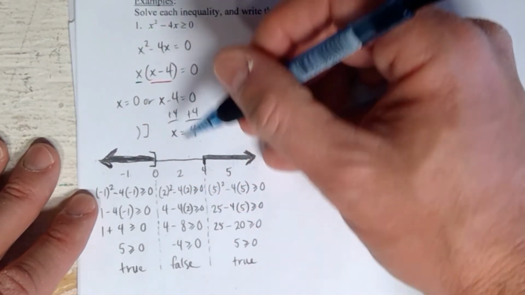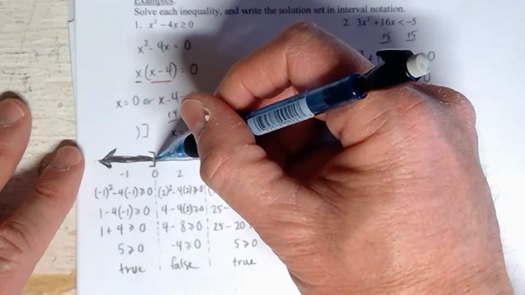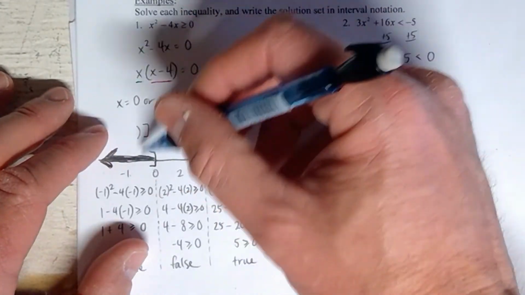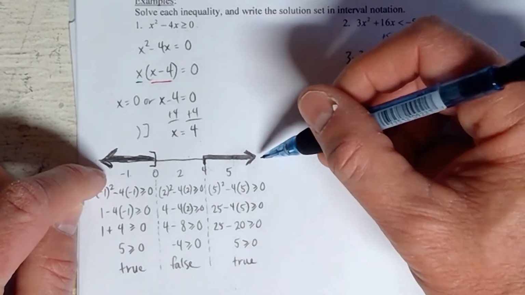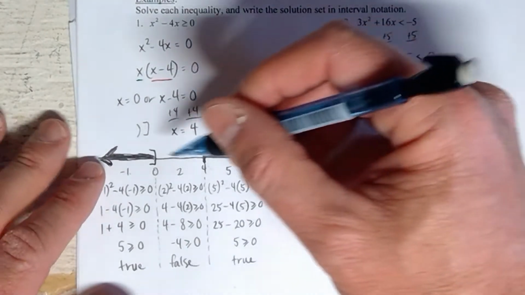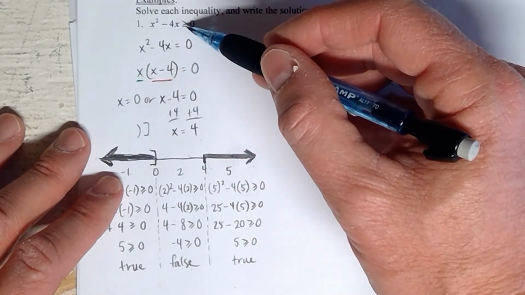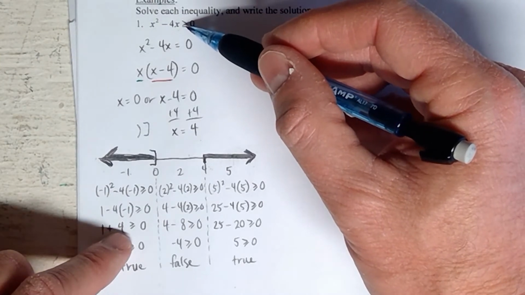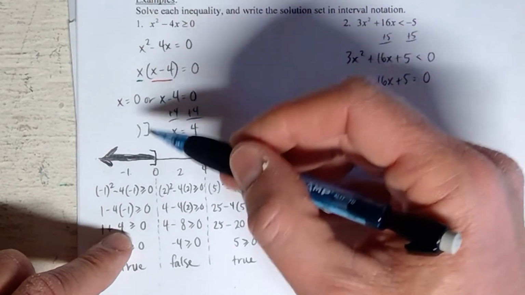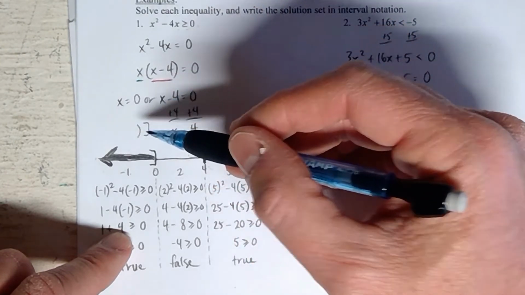I'm not talking about infinity and negative infinity, which I'll get into in a minute here, but just the numbers that are in the middle of the number line, not on the ends where it's negative infinity and positive infinity. In the middle, we use one of these two, but it depends on what this is. So if this had just been greater than only, but not greater than or equal to, then you'd use the round one. When it's got the equal to, you use the square one.